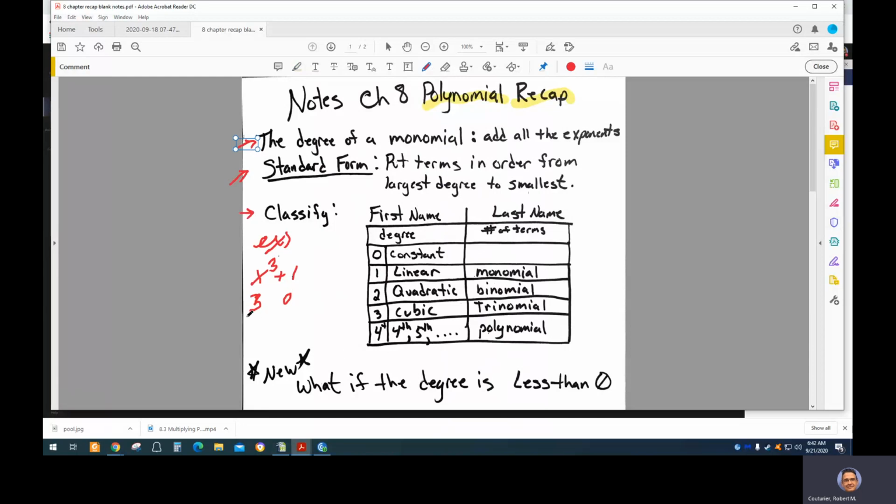The largest degree is 3, so you come down here, 3 is cubic. So this is a cubic. Then to get the last name, there are 2 terms, so we go across, it's binomial. So it's a cubic binomial, and that's how you would use this little chart.